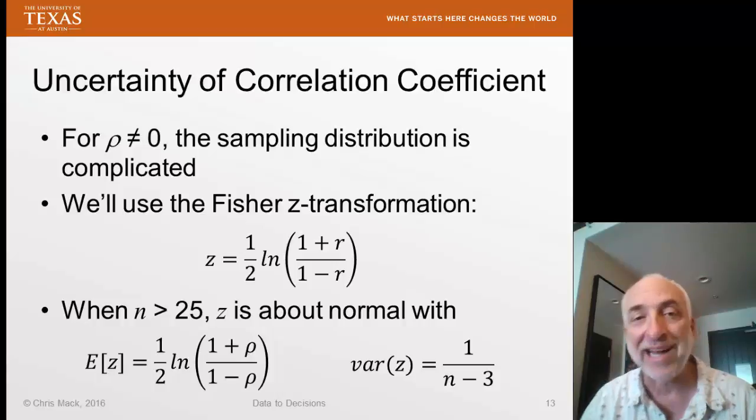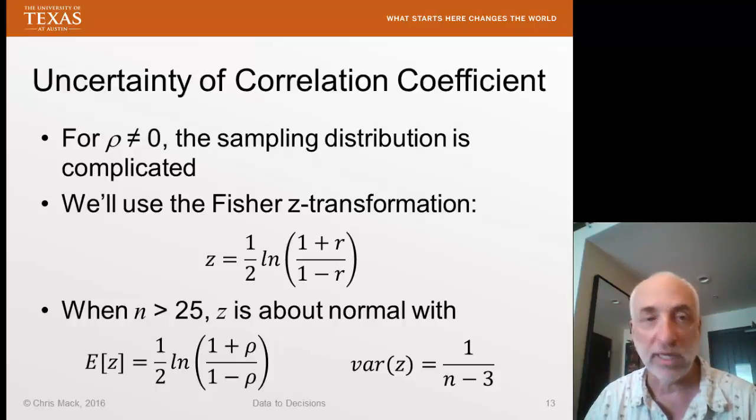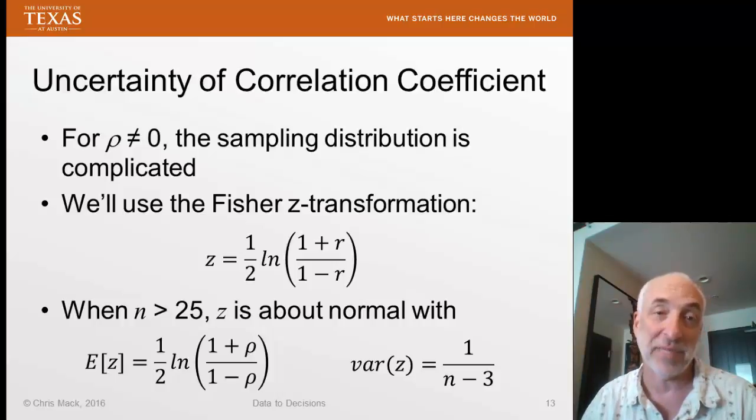But there are other cases where that's not true, and this is a little bit more rare, but if we want to make inferences about a correlation coefficient that's not equal to 0, we have a very complicated sampling distribution.